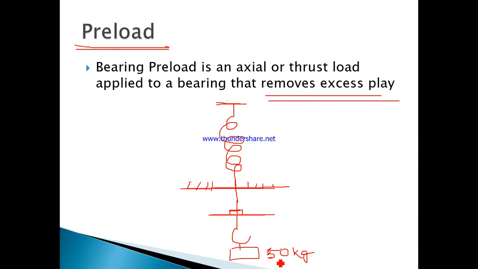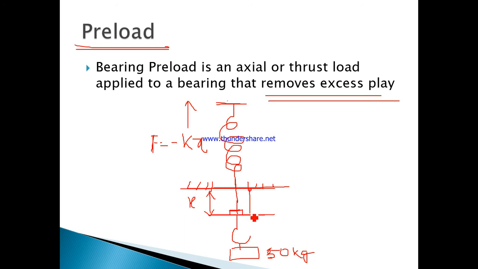After applying the 50 kg load, this displacement occurred, which is F is equal to minus kx. We know this is the stiffness of the spring and this is the displacement x.